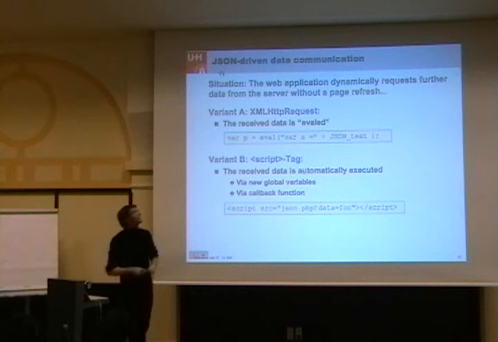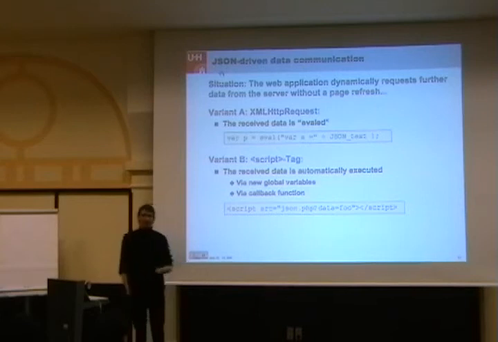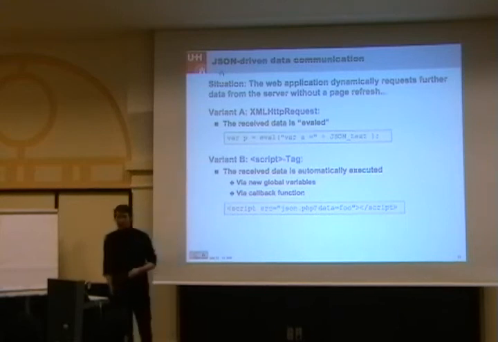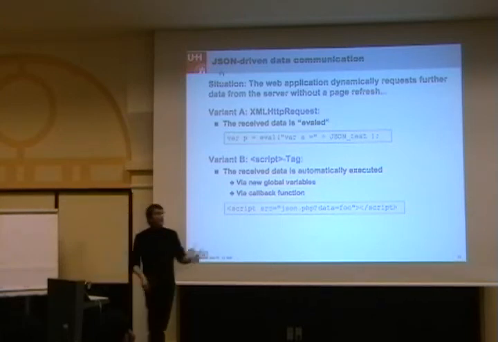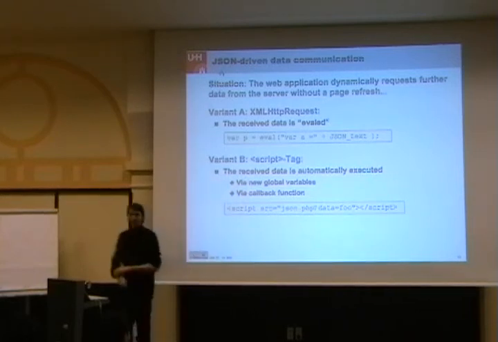Okay, how is it done more precisely? The web browser says to the web application, okay, give me some data, for example, the address book of my email client. This could be done via XML HTTP request, for example. The web application answers with the data encoded in executable code, and the application is doing an eval on this data. That's totally horrible. There's an alternative.